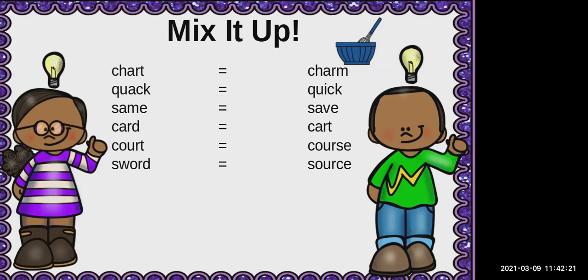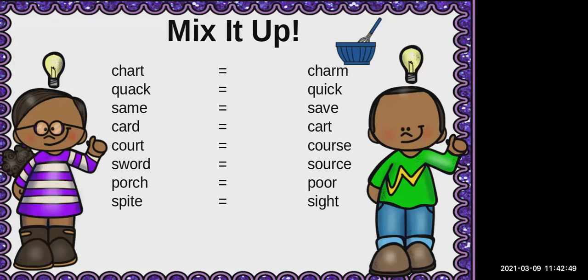The next word is porch. Porch. And we're going to say it without the ch. So the new word is just pour. The next word is spite. Spite. And we're going to say it without the p. So our new word is sight.